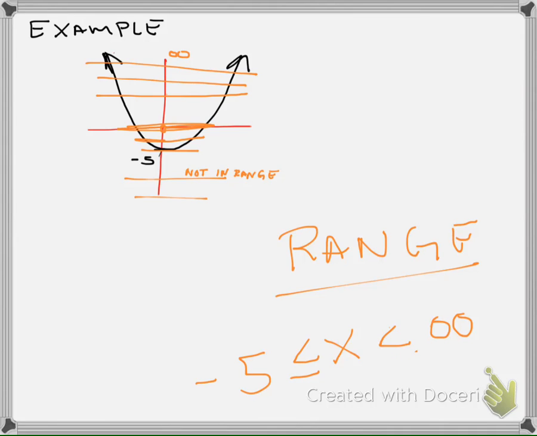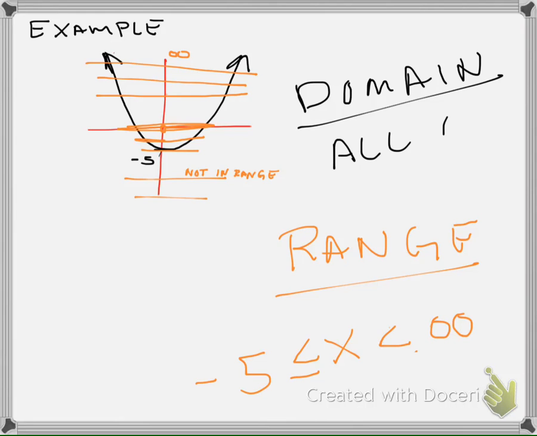Okay, so we saw that our domain was all real numbers. Let's write that down again. The domain is all real numbers, and the range is all the values from -5 up to infinity. Okay, let's try another one.